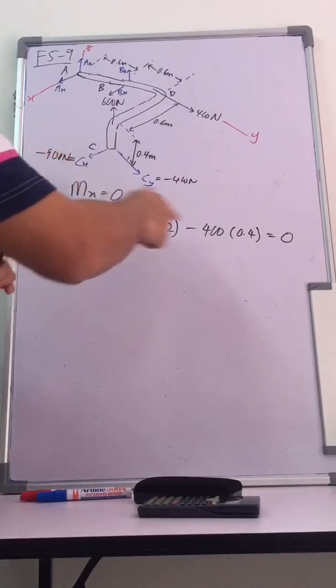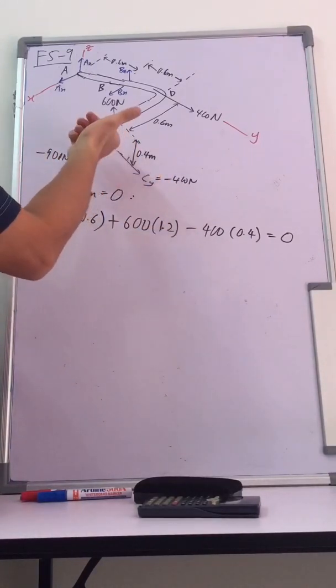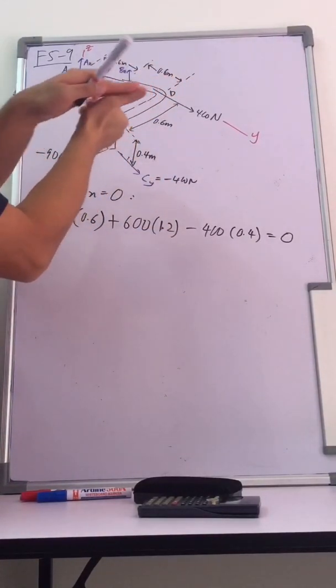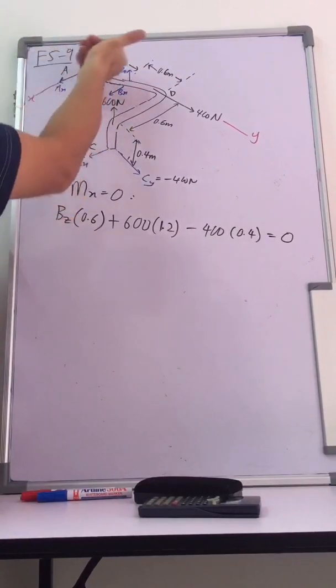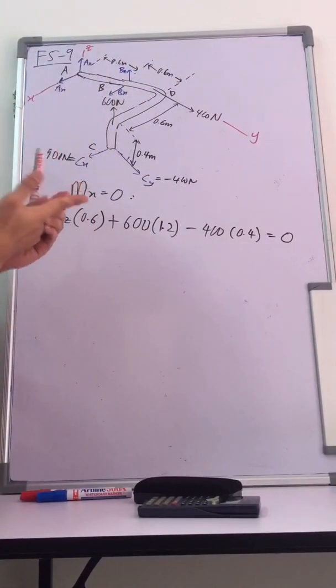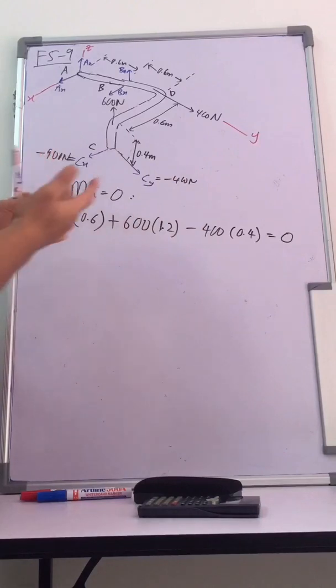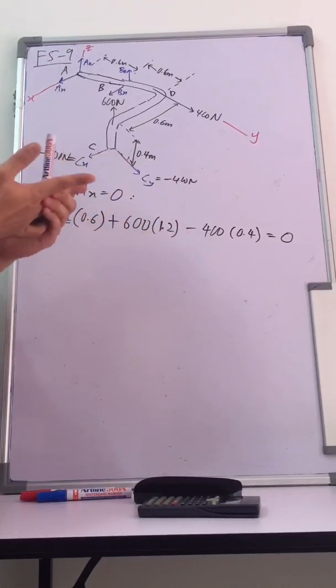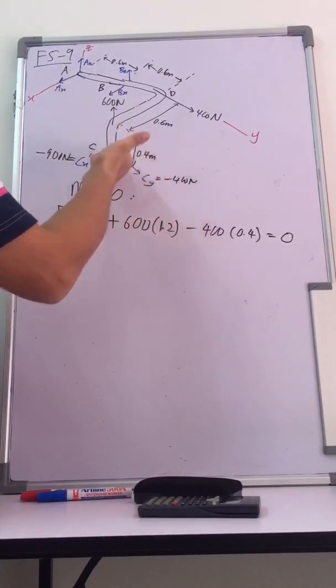Minus, because it goes this way, we curl, and then you have this minus MX direction, positive, negative. 400 is the magnitude of the Cy, and then 0.4 meter is the perpendicular arm, this arm.